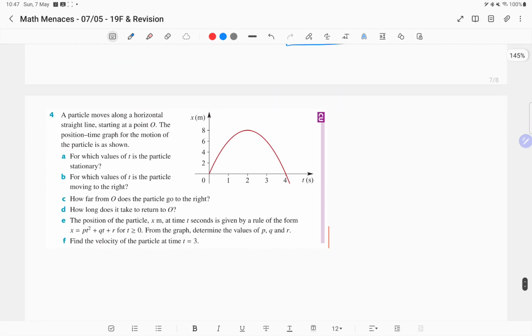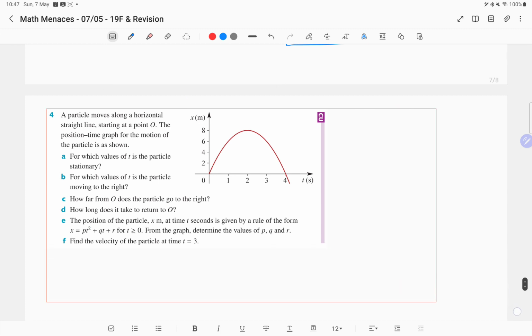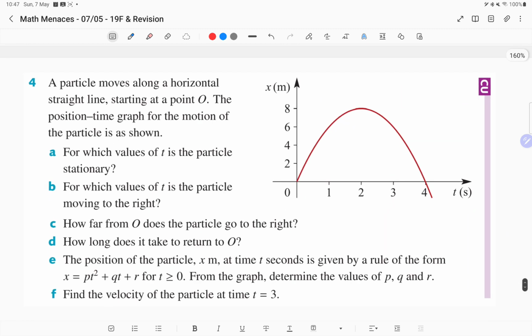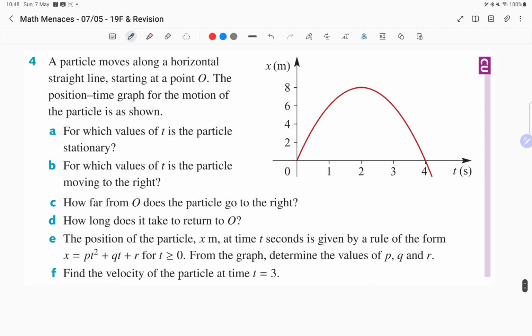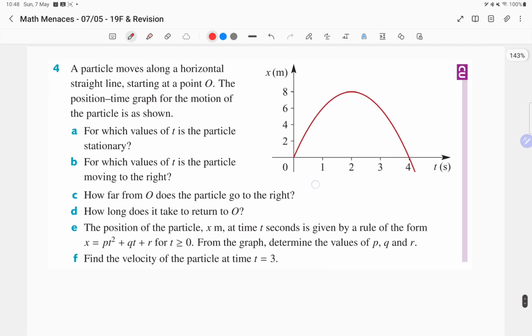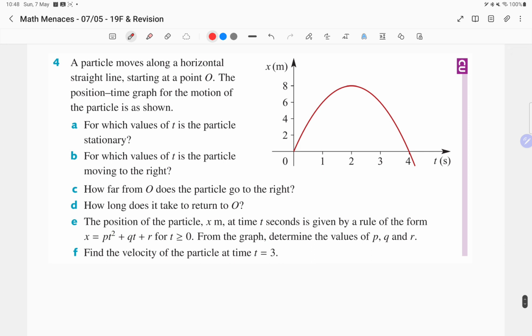Right? There's no equation for you to use, or at least not at the beginning. There's no equation at the beginning for you to do A, B, C, and D. Is it when t equals 2 for the first question? Yes.